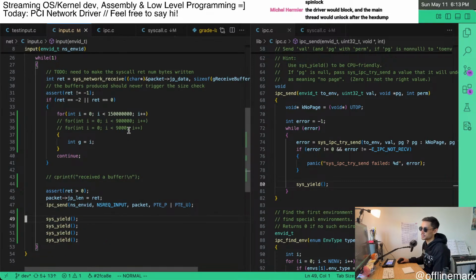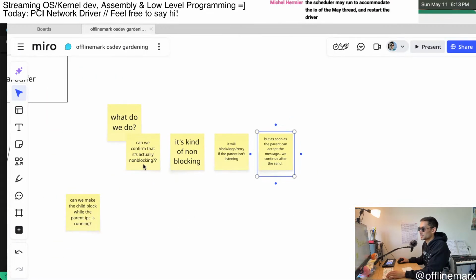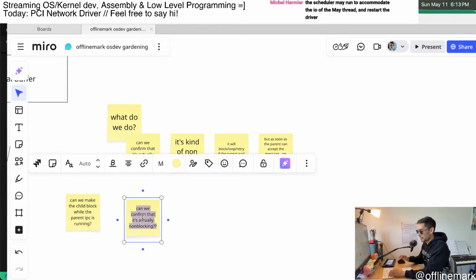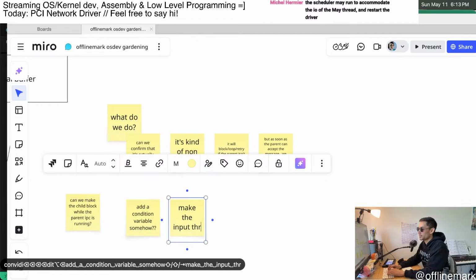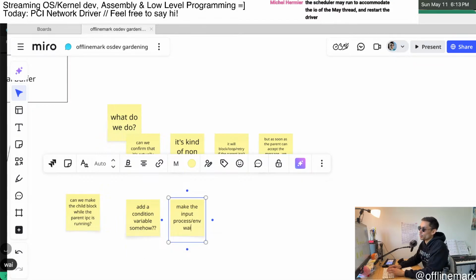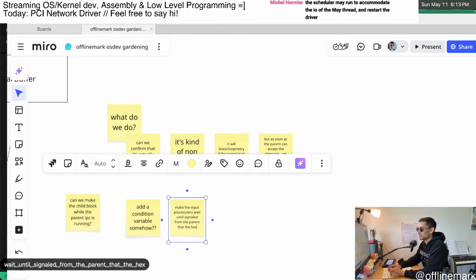I'll just write that down. Add a condition variable somehow, make the input process wait until signaled from the parent that the hex dump is finished.